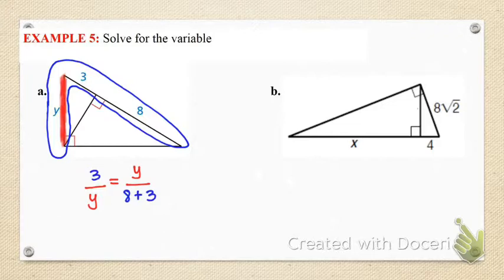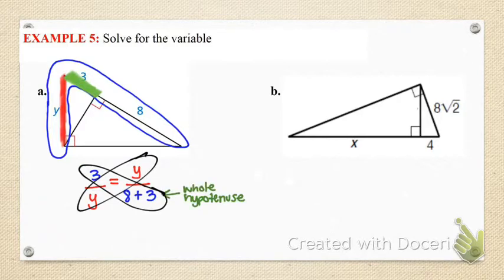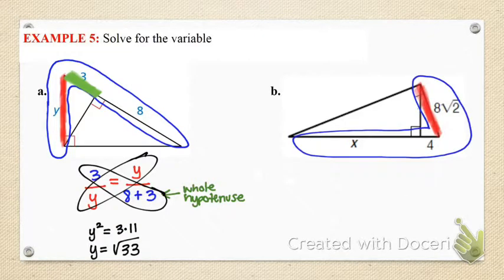So the leg, y, is the geometric mean, and the two pieces that make up the extremes are the piece of the hypotenuse closest to the leg and then the entire hypotenuse. Cross multiply and solve. Same thing on the other side. Let's set up our boomerang.